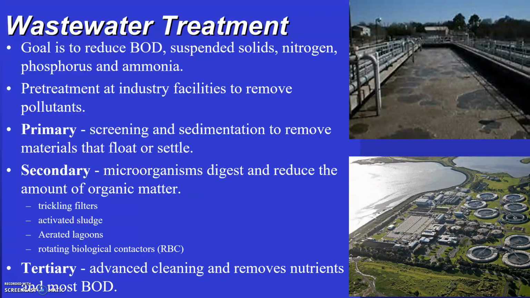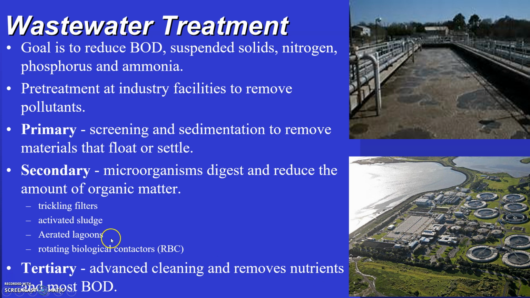The secondary phase is where the treatment technology focuses on small microorganisms which actually feed on and digest and reduce the amount of organic matter in the wastewater. This can be done with trickling filters, which is what's depicted here in this picture. Also, there's activated sludge, which is depicted here in these containment locations.